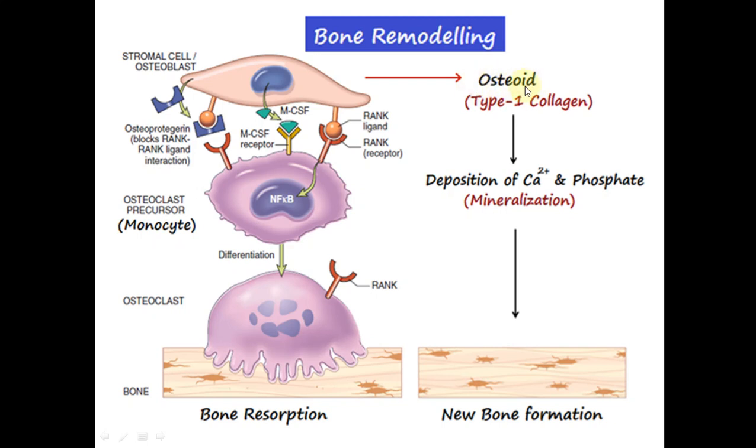The osteoid seam mainly contains type 1 collagen and mucopolysaccharides. Later on, in this osteoid seam, the calcium and phosphate minerals are deposited. This is known as the mineralization of the osteoid seam, and this will give rise to the formation of new bone.